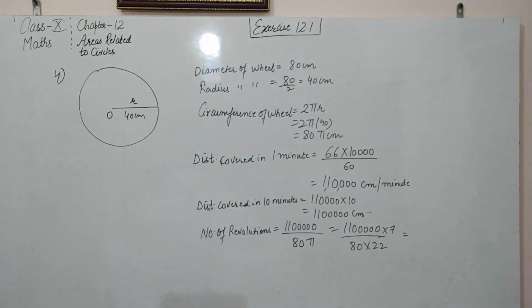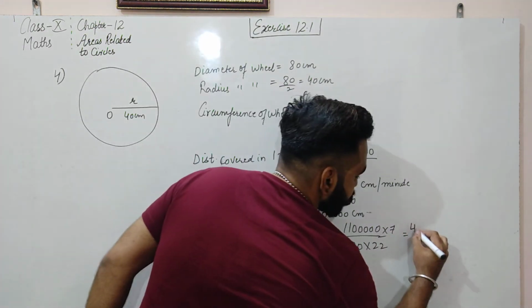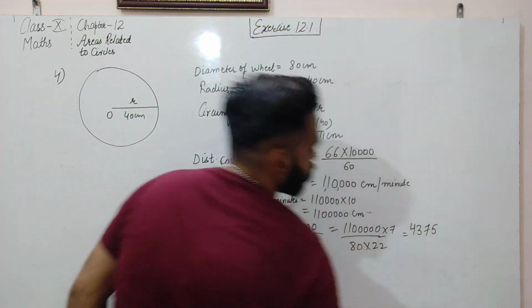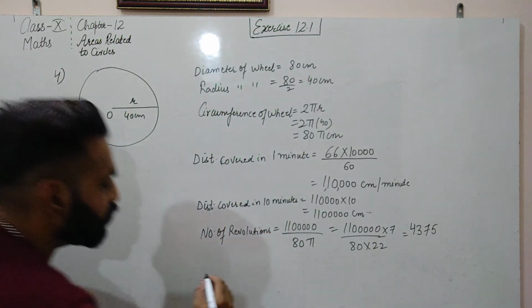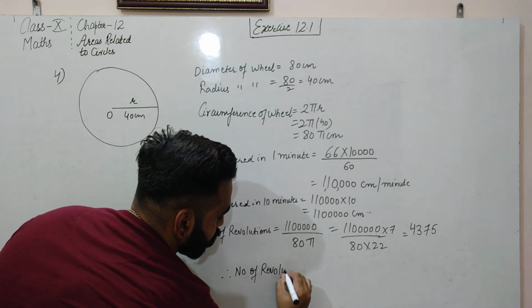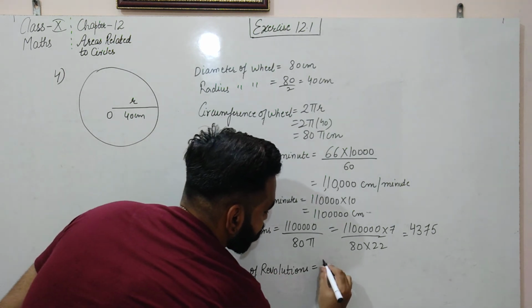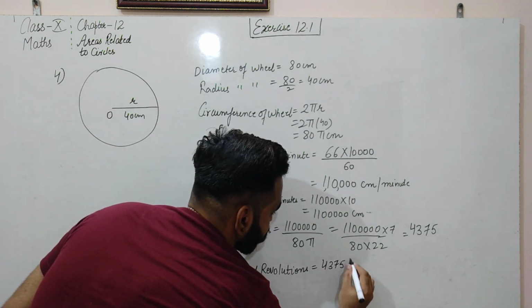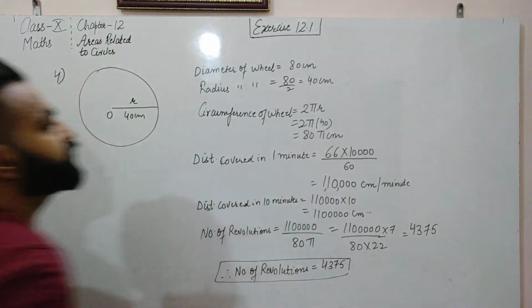So on solving, the value will be equal to 4375. So therefore the number of revolutions is equal to 4375. So this is question number 4.